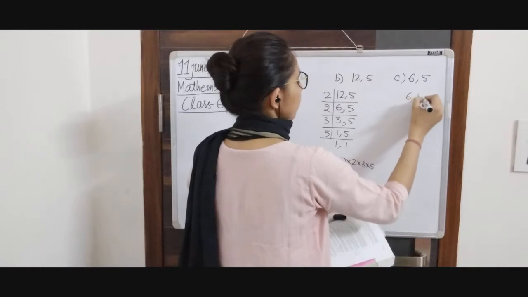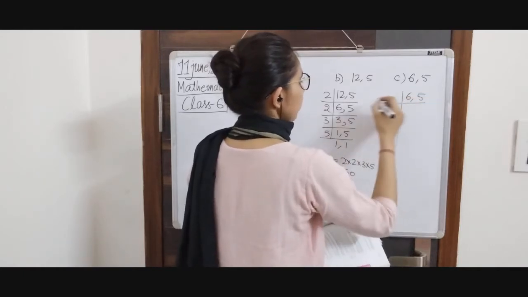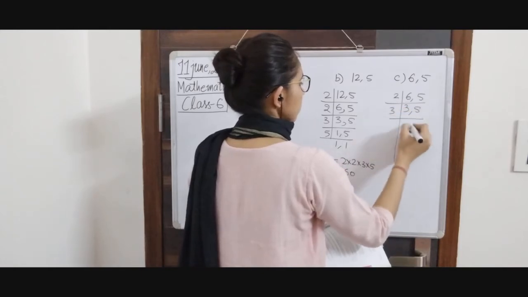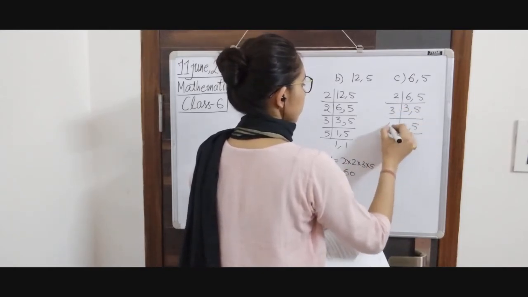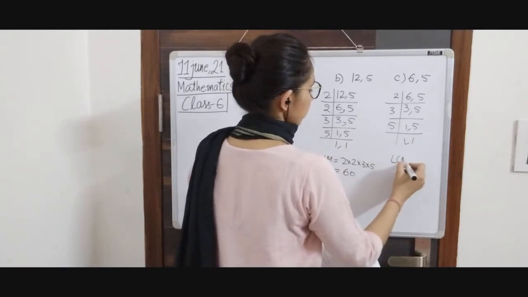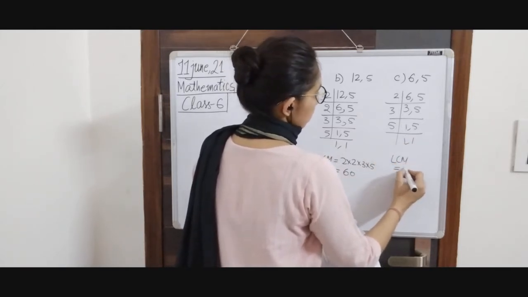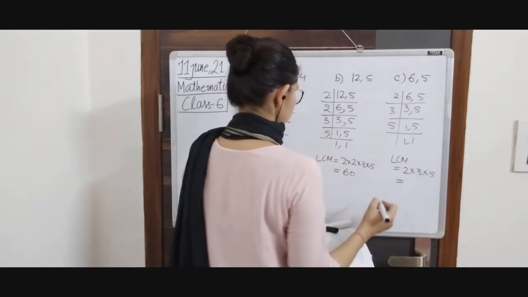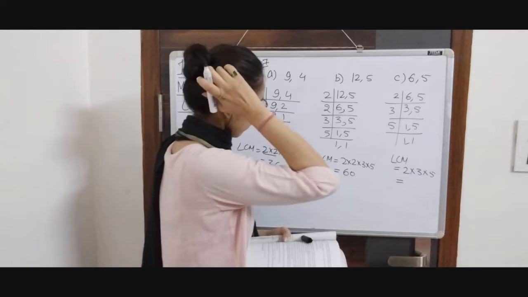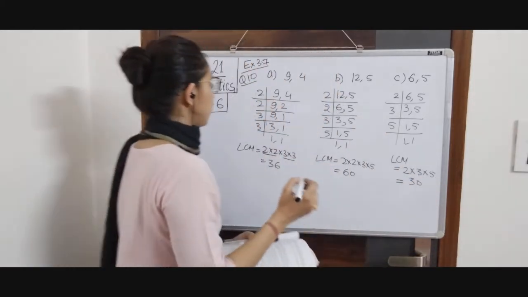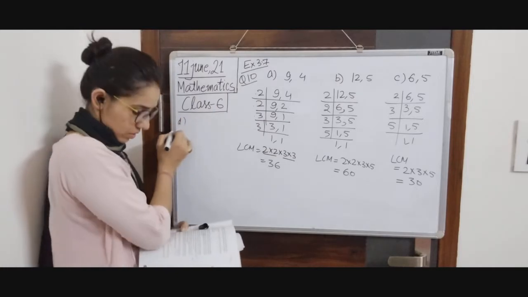LCM of 6 and 5, it will be 2 3s are 3 1, 5 1. LCM for these numbers is 2 into 3 into 5, which is 30.